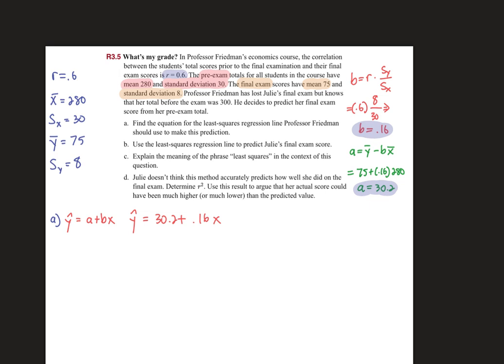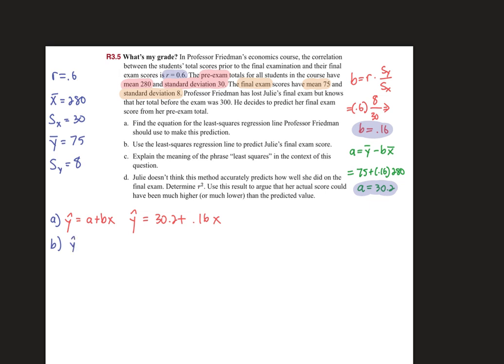For part B, they say use the least squares regression line to predict Julie's final exam score. They say her pre-exam score was 300, and that's an x value, so we'll plug in 300 into this.